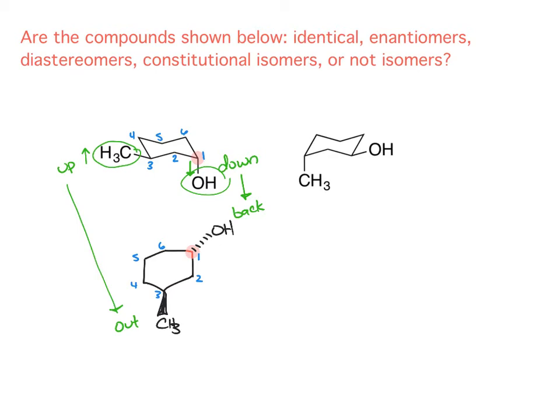Let's do our other one. Okay, let's try to be consistent here. So the carbon with the OH, I'll put that right there. Number around your ring, I want to stick with the clockwise numbering.